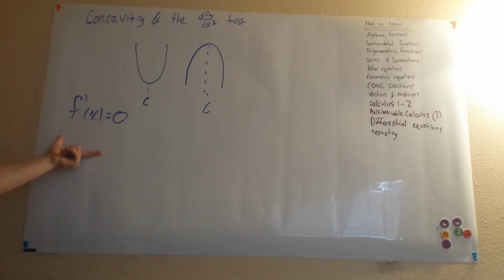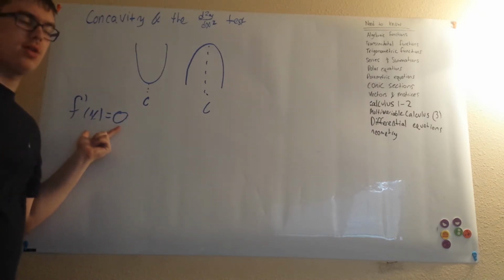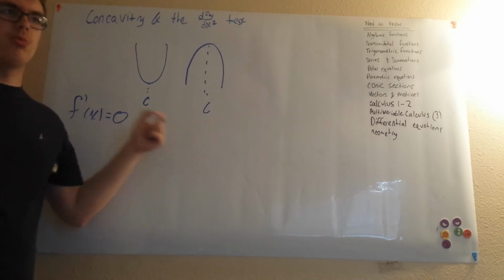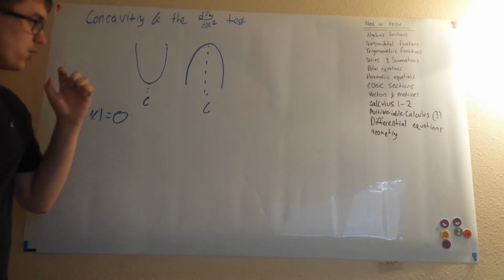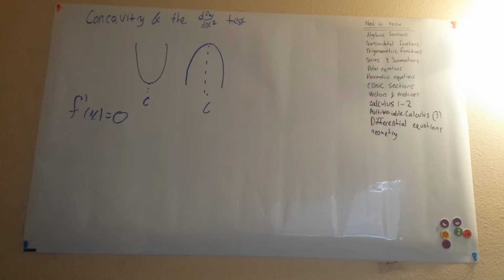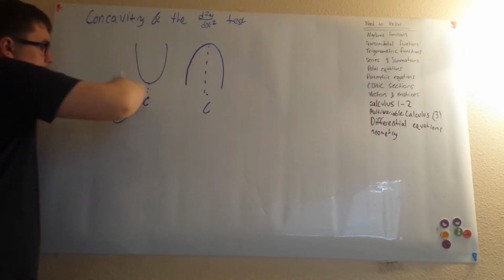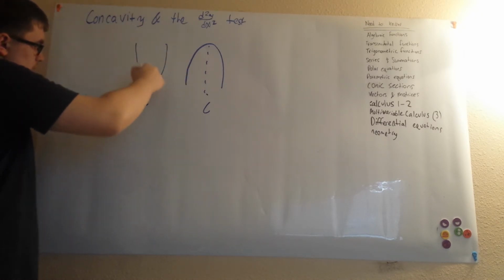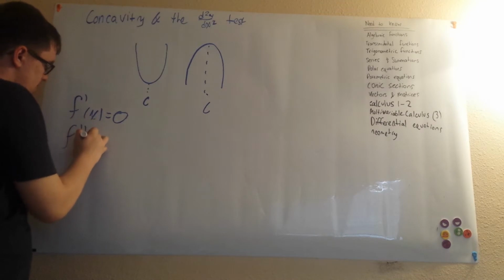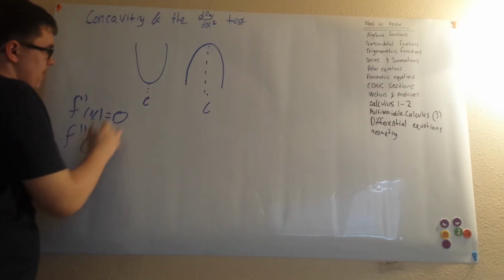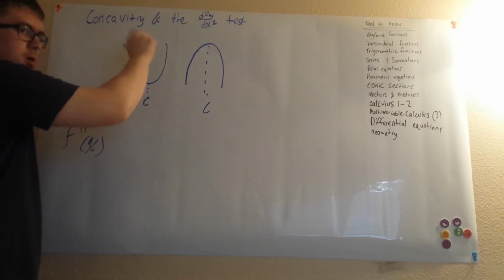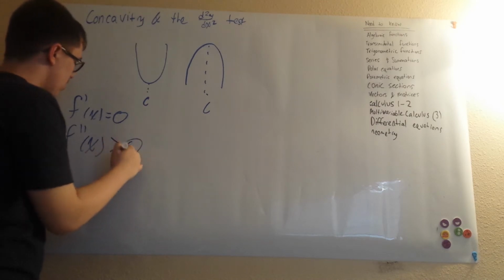So we have to know these critical points. Now, to figure out what type of relative extrema we have, look at the sign of f double prime. Here, it's positive, so it's greater than 0.